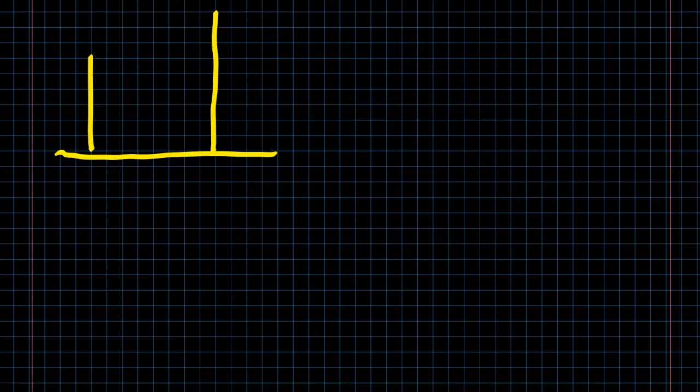So I would like you to look at a problem that's going to look very different at first glance, but somewhat related. We've got two poles of different height that are set up on the ground.